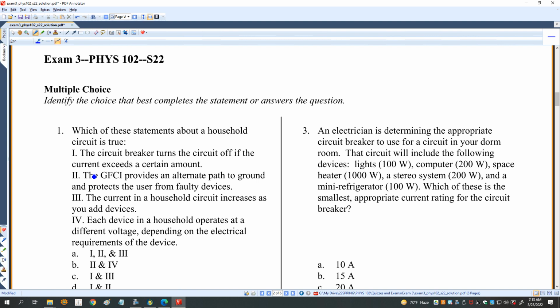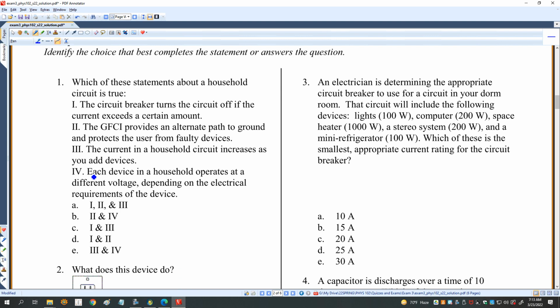All right, which of these statements about a household circuit is true? The circuit breaker turns off the circuit if the current exceeds a certain amount. That's correct. The GFCI provides an alternate path to ground. That's not correct. The current in a household circuit increases as you add devices. That is correct.